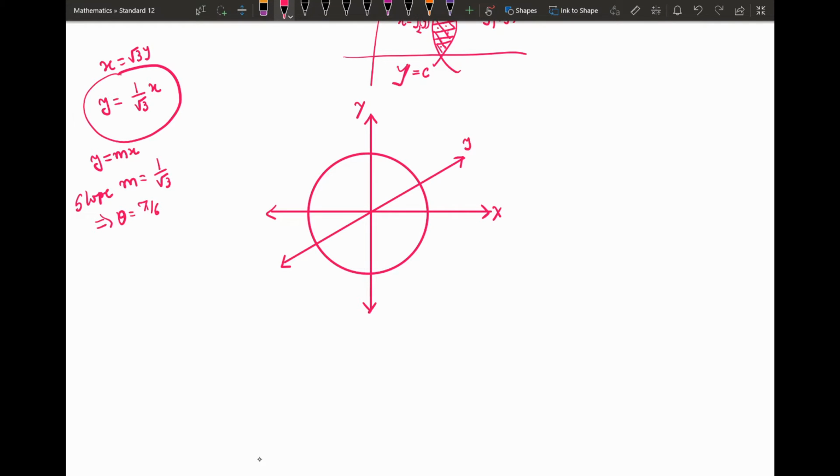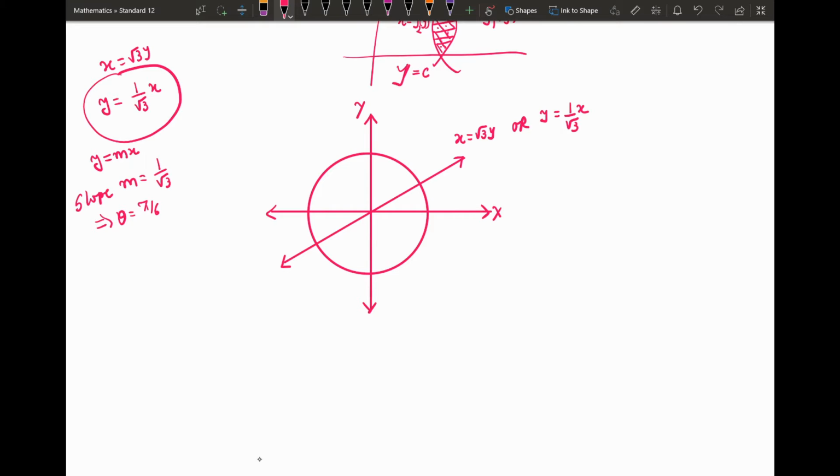So this is the line x equal to root 3y, or y equal to 1 upon root 3 x.